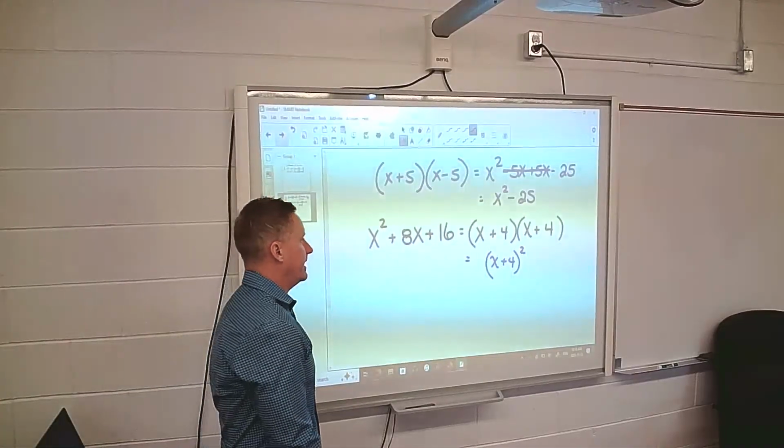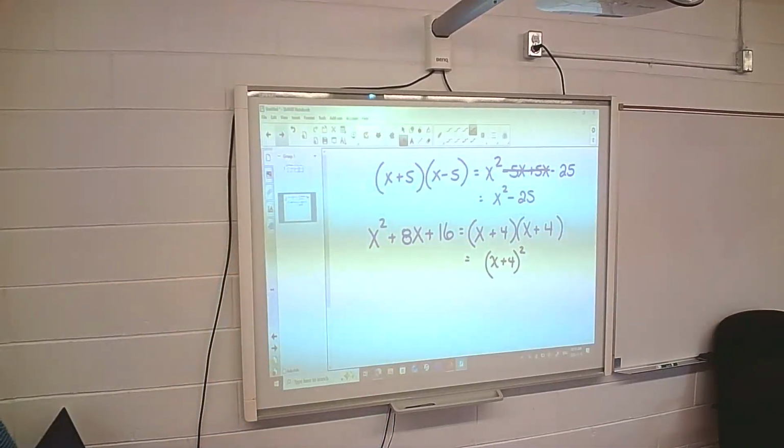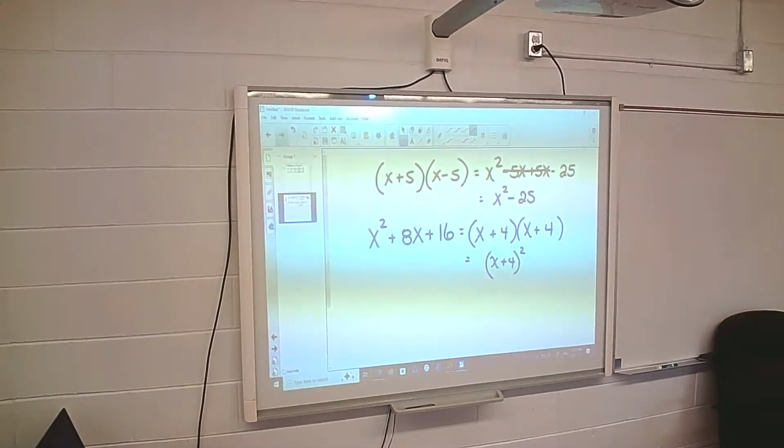Now, here is a little hint to figure out quickly whether this is a perfect square trinomial or not.